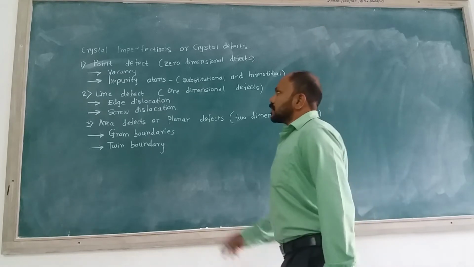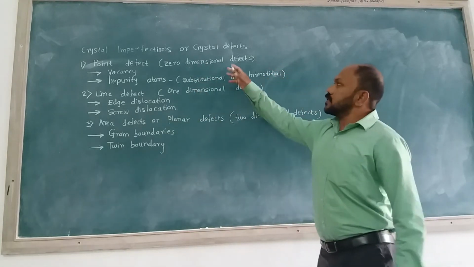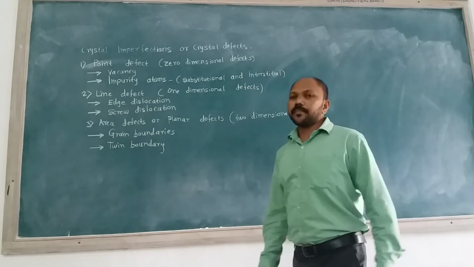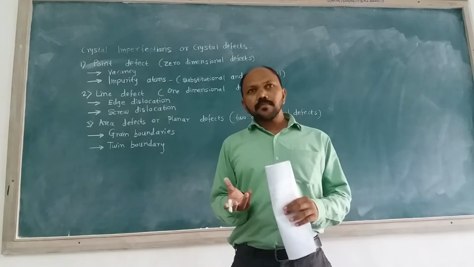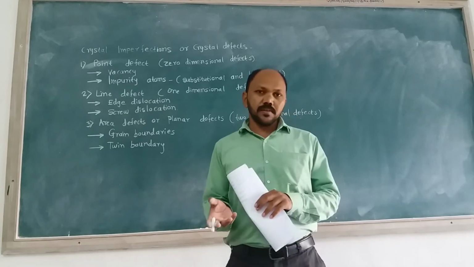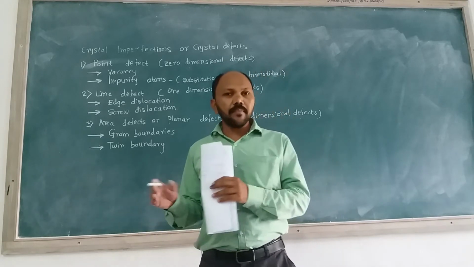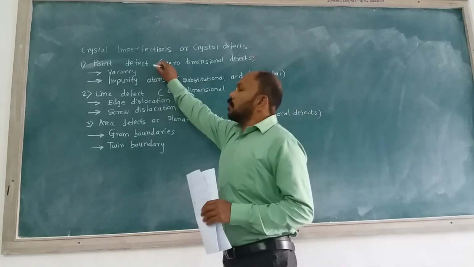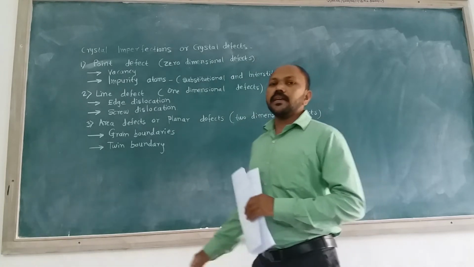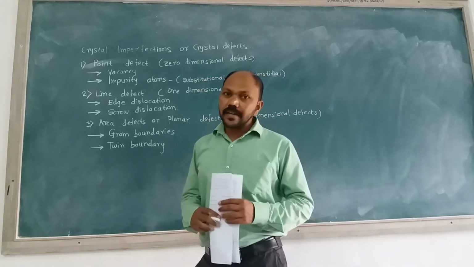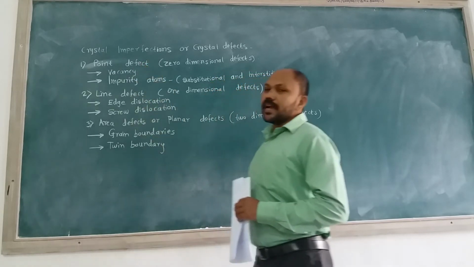Different types of defects are available. There is the point defect, which is also called a zero dimensional defect. Defects are related to geometry as well as to dimensions. Point defects are also called zero dimensional defects, and in point defects two subtypes are there: vacancy, and second, impurity atoms.